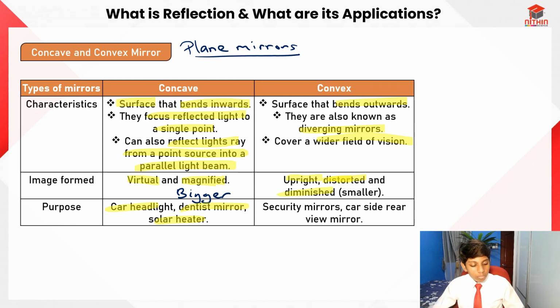They are diminished, basically meaning they're smaller instead of magnified. So this is for security mirrors and car side and rear view mirrors. In the side and rear view mirror, you can see that everything is in a wider field of vision.